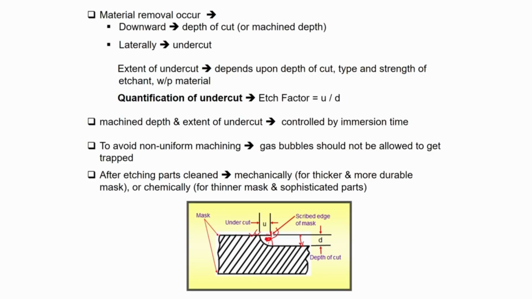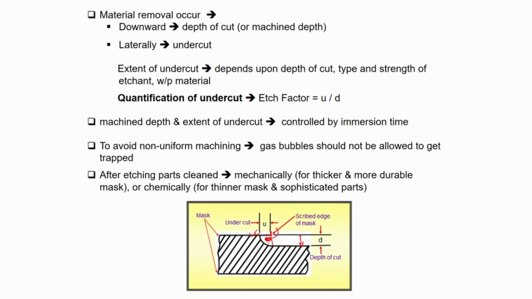If these gas bubbles are trapped between the maskant and the workpiece, there will be less or inaccurate machining. So these bubbles or gas must not be trapped inside the workpiece material.